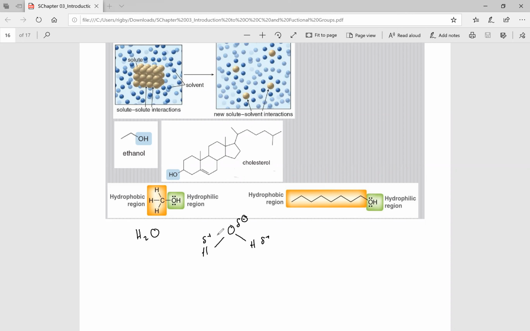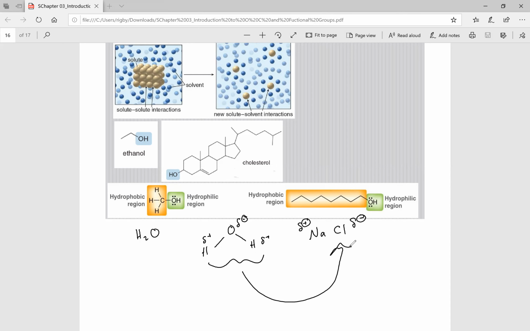And we know that water can dissolve something like salt, NaCl. NaCl is an ionic compound, which means it has a very large dipole-dipole. It's very polar. So a polar solvent will be able to dissolve this polar compound.